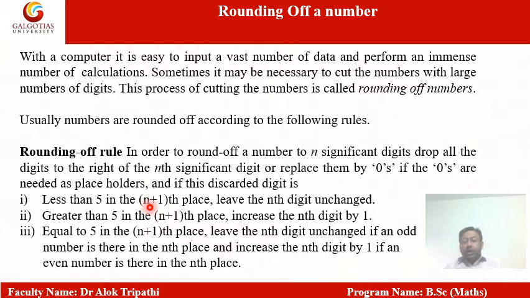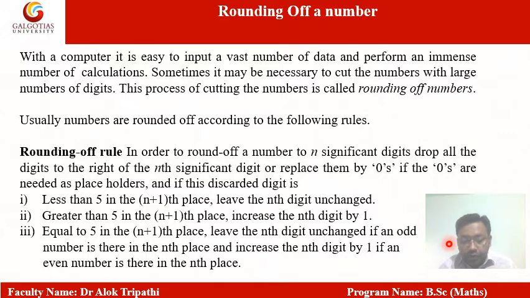Now what will happen if we have 5 in the n plus 1th place? Leave the nth digit unchanged if in the nth place we are having an even number. If in the nth place we are having an even number, then we leave the nth digit unchanged if we have 5 in the n plus 1th place.